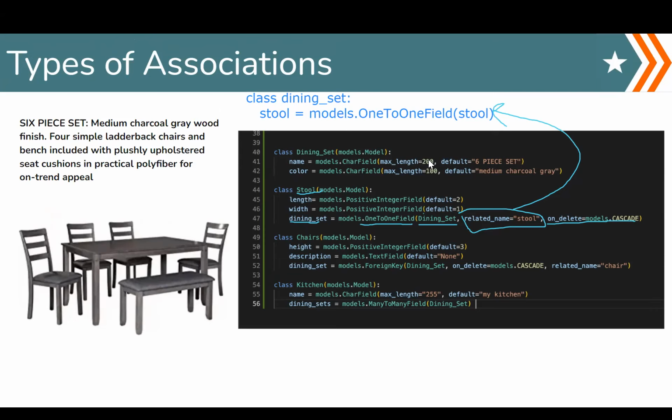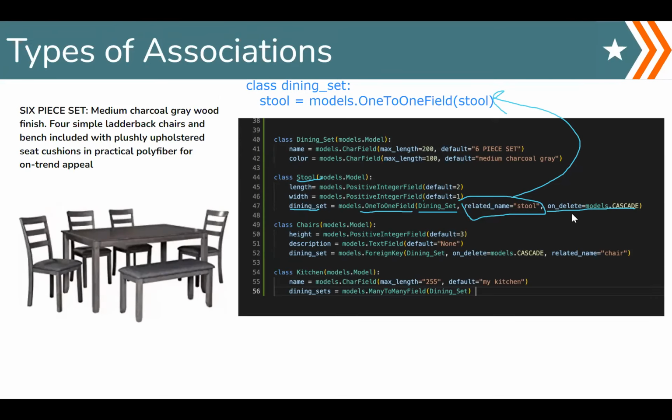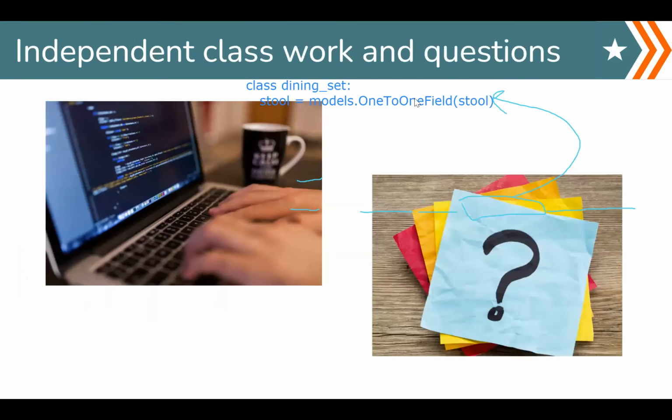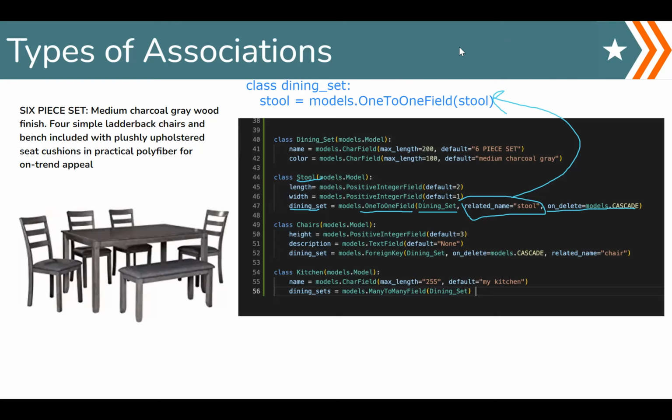So yeah, just to reiterate, the foreign key is, or the better way to think about it is, many to one. So 1 to 1 is just 1 to 1. Foreign key is many to 1, and then many to many is many to many. Let me clear all these annotations real quick because it's a little bit messy.